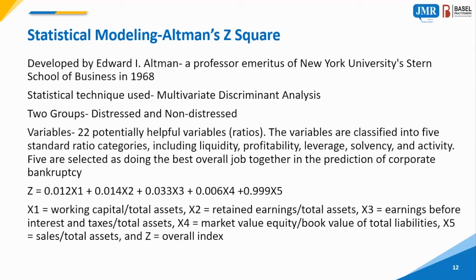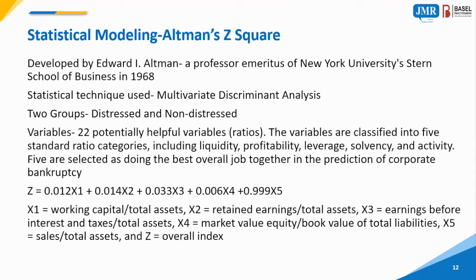That number, below a certain threshold, will be classified as a potential defaulter, and above that will be classified as a potential non-defaulter. Instead of defaulters, he called them distressed and non-distressed. That means a particular corporate will become distressed within a 12-month horizon, or it will remain non-distressed.